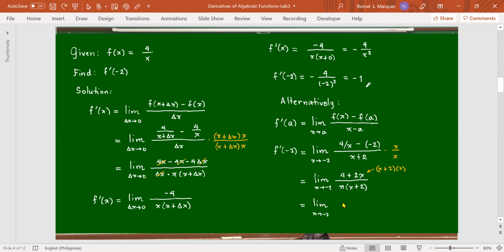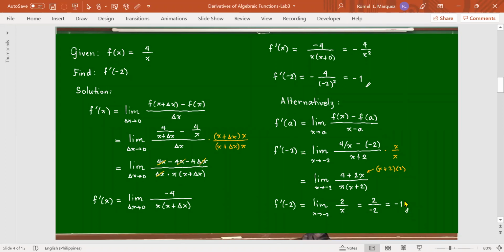Am I right, guys? Okay. So what's now the value of this limit as x approaches negative 2? It is 2 over negative 2, which is equal to negative 1. Get it, guys?